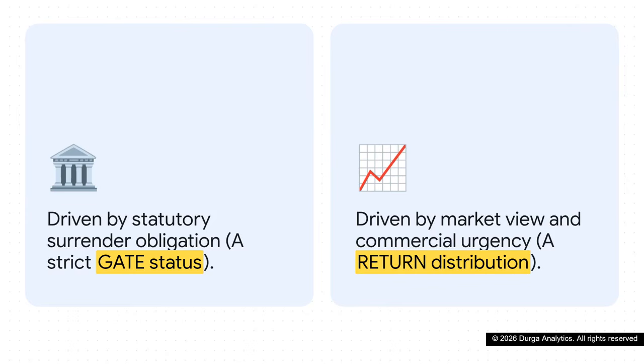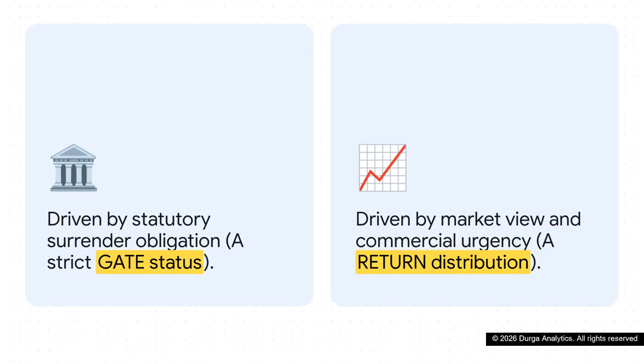It has a status. It is not a distribution. This gate cannot be traded off against a return, and you cannot hurry it up with commercial urgency. The speculative desk, on the other hand, holds a view against a return. Because of this fundamental difference, regulatory changes or market events frequently push these 2 books in complete opposite directions.